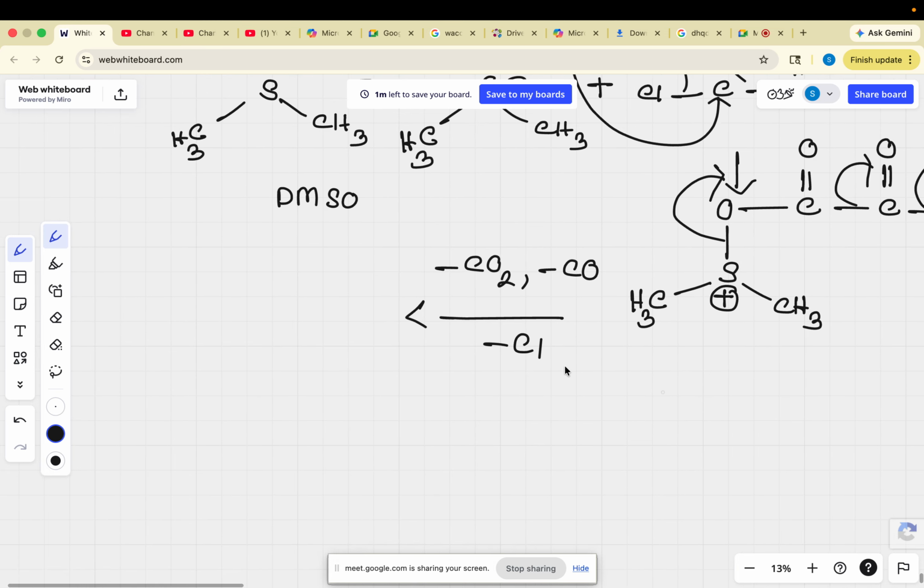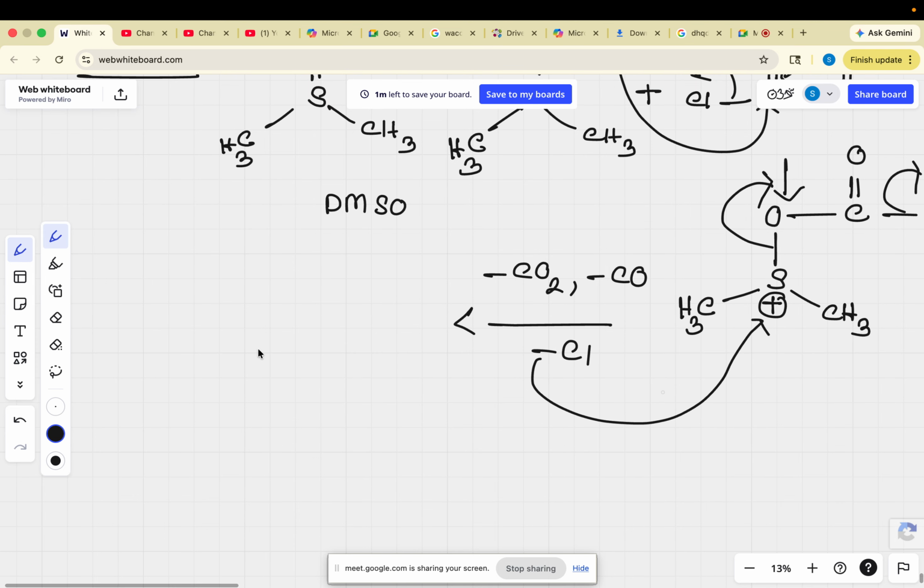Now when chloride is leaving, Cl minus ultimately is leaving, that is fine, but Cl minus will attack on this sulfur center. So ultimately what I will get is this kind of thing: CH3 sulfur CH3, you have chlorine here and sulfur will have a positive charge.